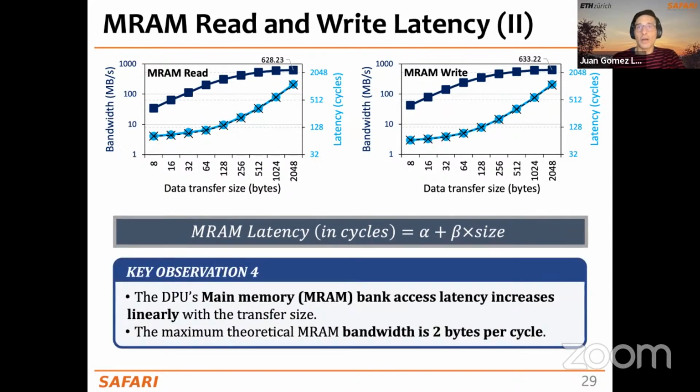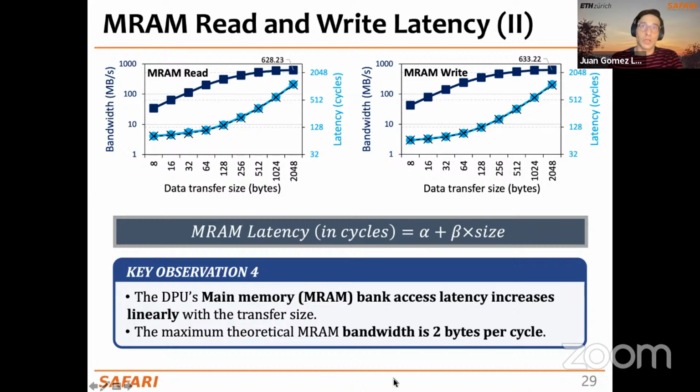So one key observation here is that the latency of the MRAM accesses increases linearly with the transfer size. The larger the size, the larger the MRAM latency, and the dependence is linear, as you see from the expression.